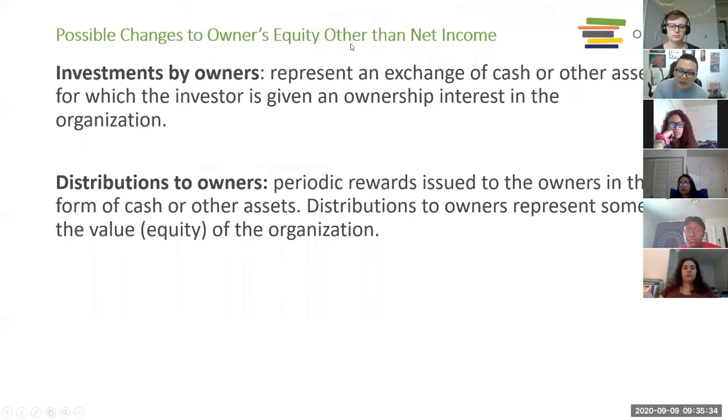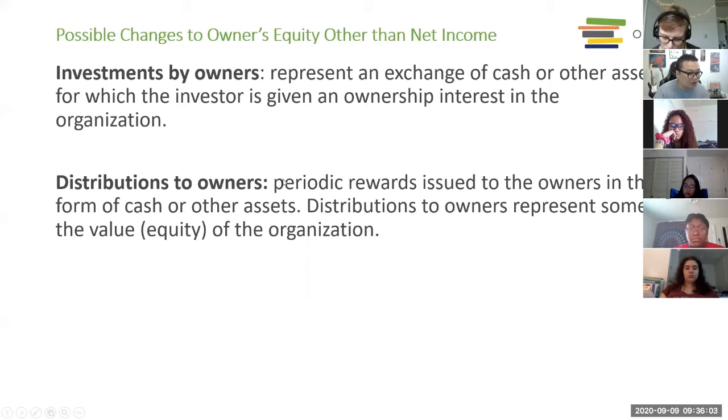So for the owner equity, we're going to talk about the positive change in the owner equity. It can increase by the investment of the owner. How are we going to increase our owner equity? The company can issue more stock, then the total value of the shares will increase. On the other side, the total equity will decrease by distributions to the owners. What does that mean?